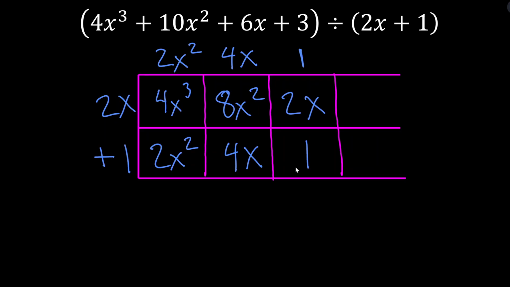Awesome. So here's the issue. Here's how we know there's a remainder. Because we just try to find, is there a polynomial we can multiply 2x plus 1 by to get this polynomial up here? We want this to be the area. And we found one that got us pretty close. Here we have 4x cubed. Here we have 10x squared. Here we have 6x. But here we have plus 1, and we want plus 3.